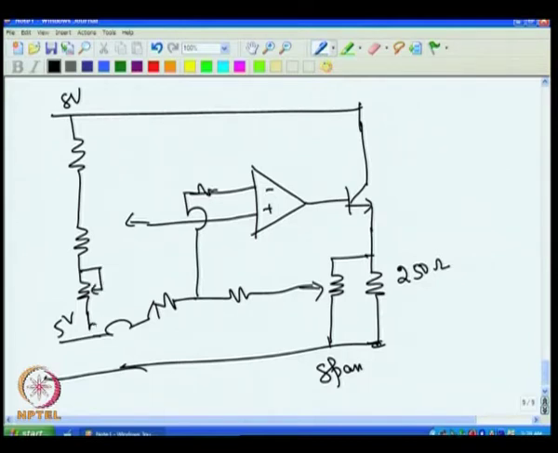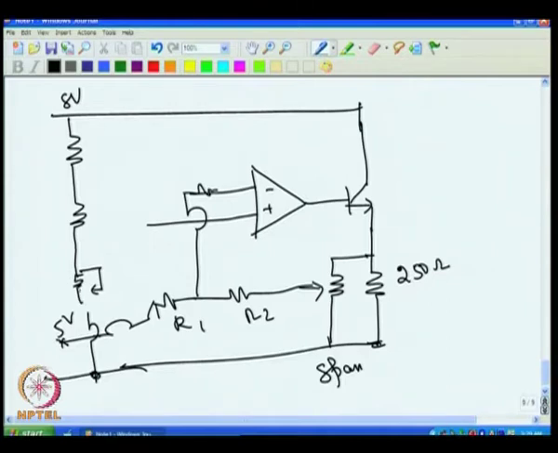So that is the 0 part, and that is connected to 5 volt. This is kept the same, R1, R2 are the same, and this is the potentiometer that is connected to this A. This we call the 0 pot.